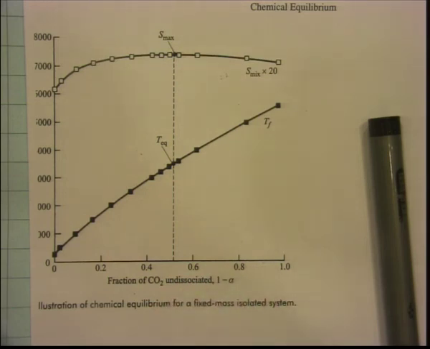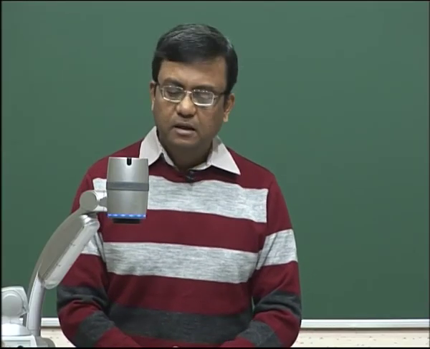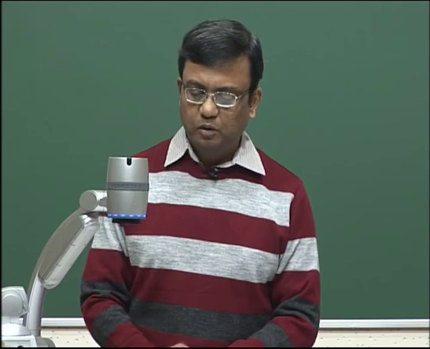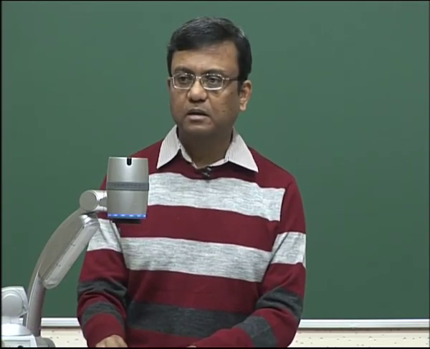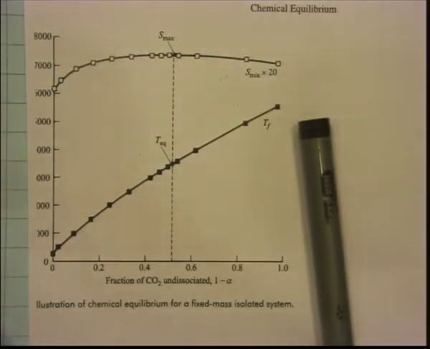So, we understand this graphically, that the second law will help us get the composition, but in this class we just do not have enough time to discuss how the adiabatic flame temperature will be calculated, how we in fact apply second law to get this entropy maximum thing and get the composition.